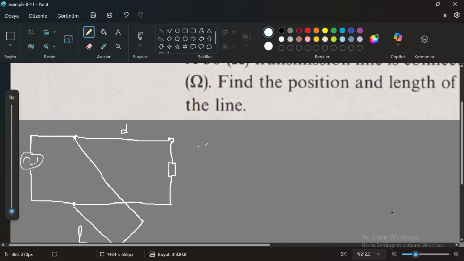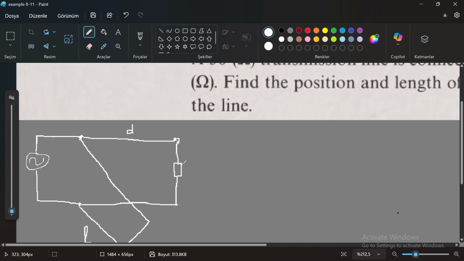For that, we need to find first of all the normalized load impedance, Z load normalized. After that, we can find the normalized admittance.